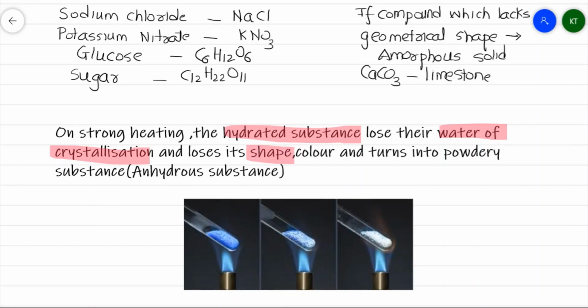There is a shape change, it turns into powder, and the color changes. Here you observe that copper sulfate, which is blue in color, on heating slowly turns into a white amorphous solid.